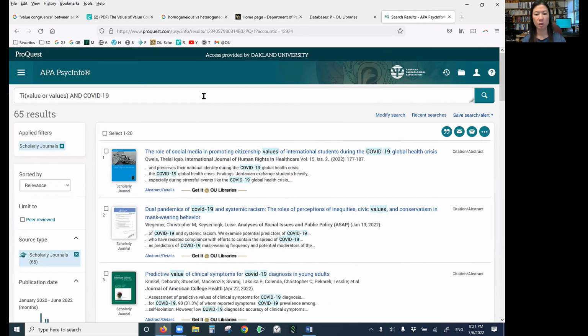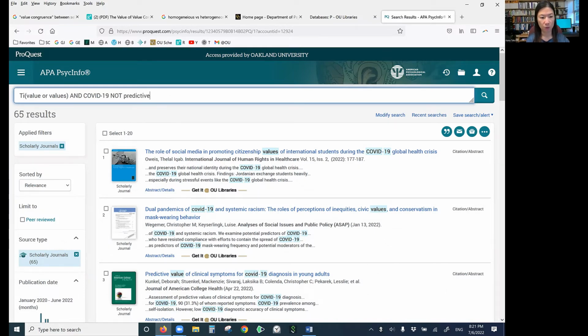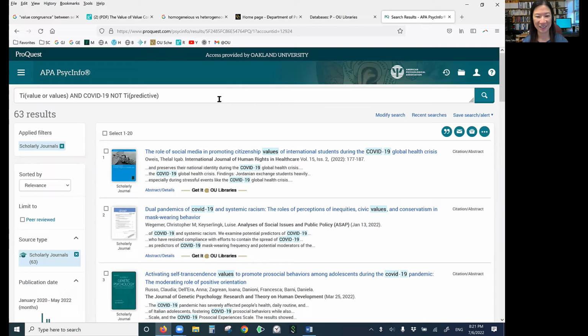Ideally, oh, very interesting. Value, citizens, COVID-19, not civic values, more like personal values. I don't want predictive value, so I'm just not going to include predictive in the title. Does it help? It doesn't help that much.